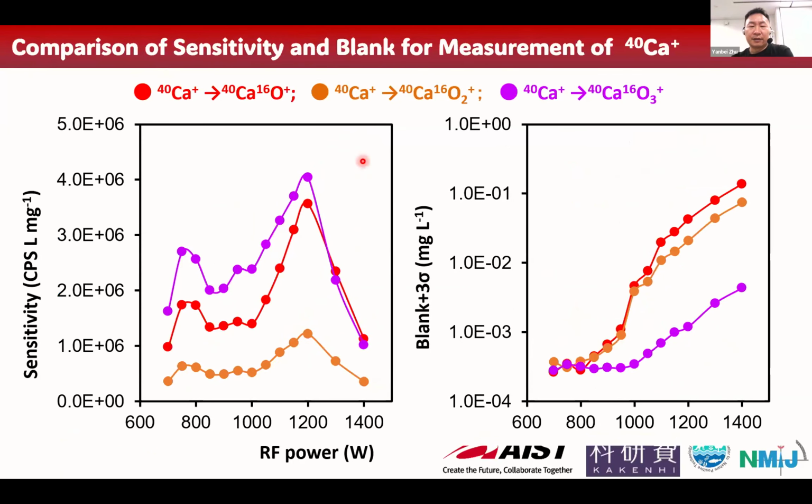Okay, if we summarize this reaction, the measurement sensitivity and blank plus 3 sigma, different plots for different ions. You can see that from calcium to its trioxide, we get the largest sensitivity and lowest blank.